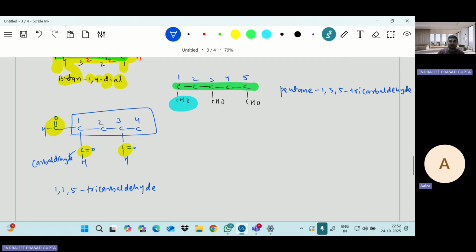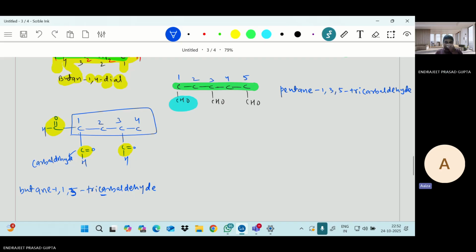Sir, but you wrote 1,5. But this will be the suffix. And how many carbons are there? 4. So before this, you write but. And since a single bond is there, you write an. And don't remove the e, write the e. Why? Because carbaldehyde starts with C, not a vowel. So butane-1,1,3-tricarbaldehyde. Have you got it?